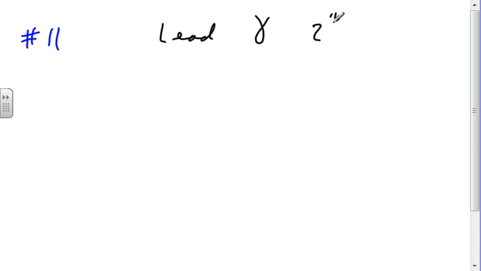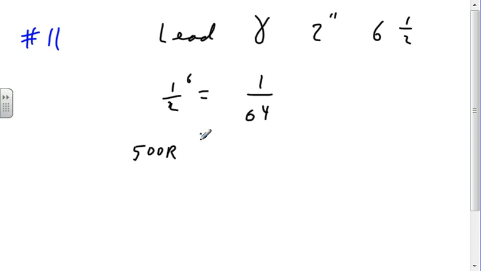Okay, so if I have 12 inches of lead, that means I cut it by a half 6 times. So 1/2 raised to the 6th power is 1/64. If I have 500 rem of radiation on this side of my 12 inches of lead, a field that within an hour will kill off 30% of the population in 30 days, on the other side I would have 500 rem divided by 64.